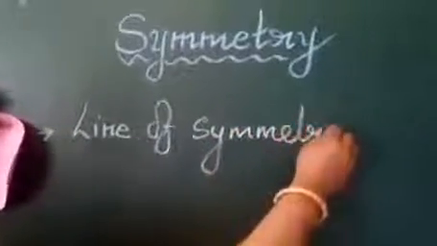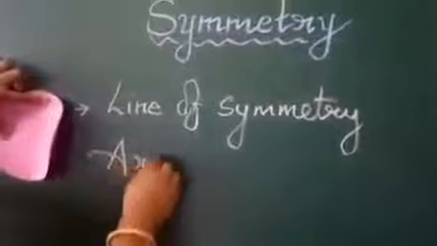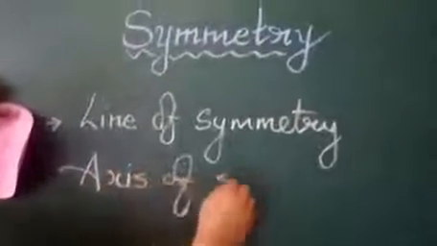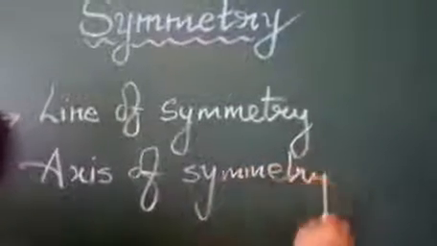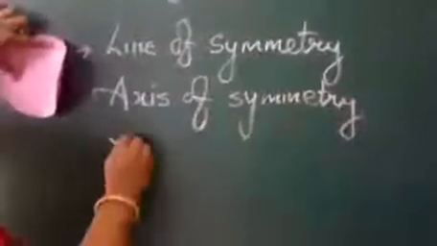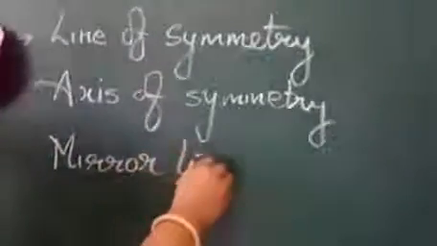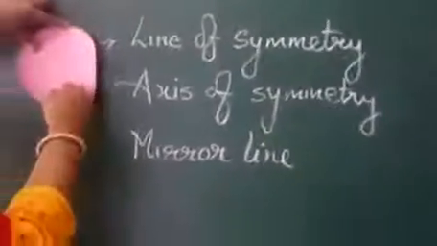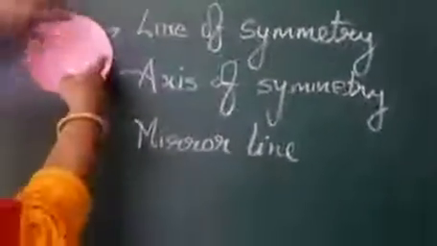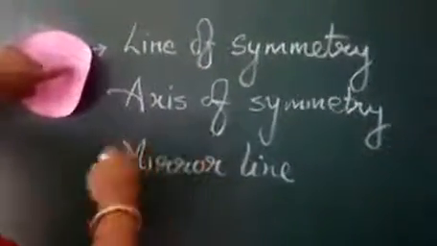Or in place of line of symmetry, you can also say axis of symmetry. Or you can also say this line is a mirror line. So this is an imaginary line which is called line of symmetry, axis of symmetry or mirror line.